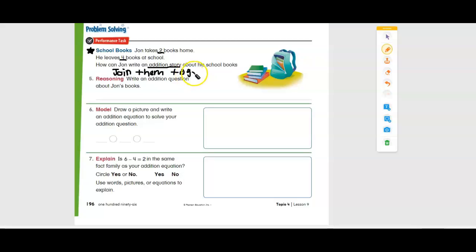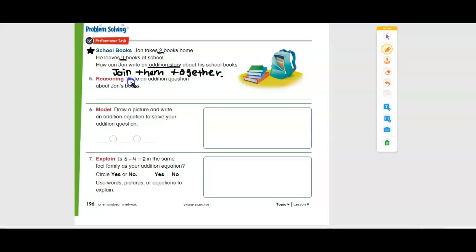Oh, this writing tool is hard, but I like to try and use it sometimes. So how could John write an addition story about his school books? He could join them together.